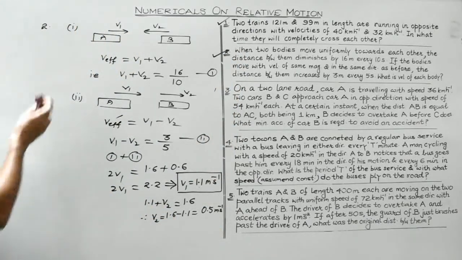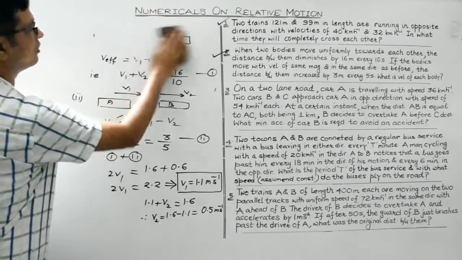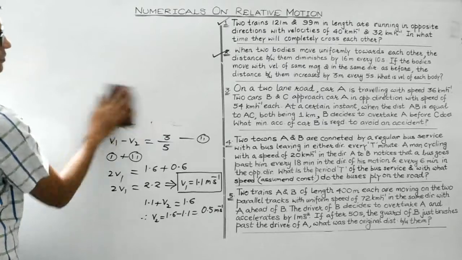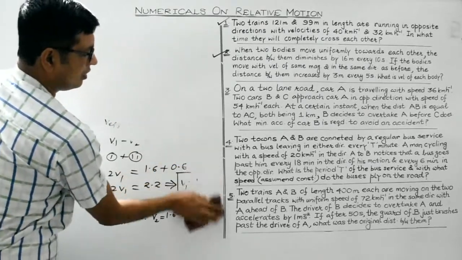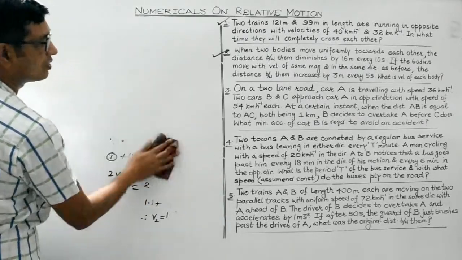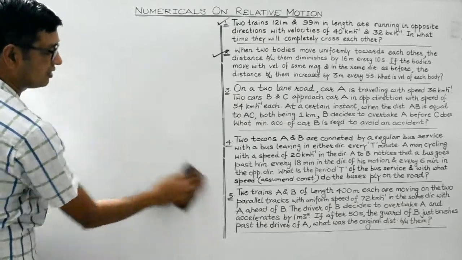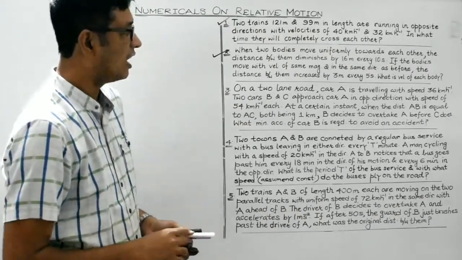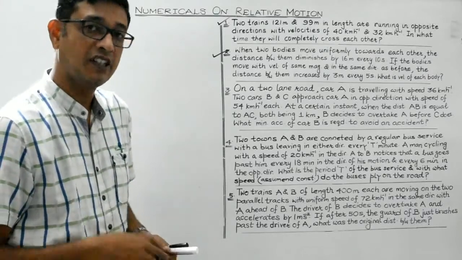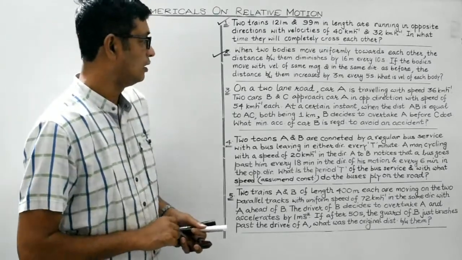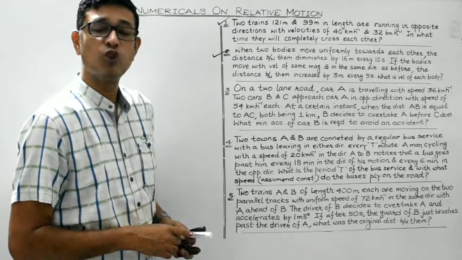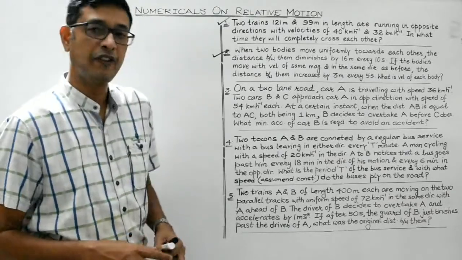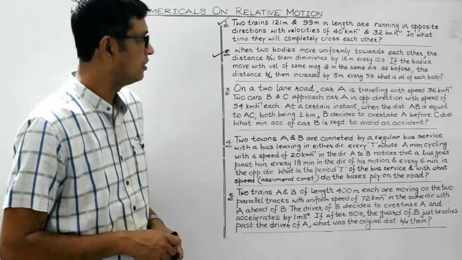Let's consider question number 3. It's a real, genuine question and a very, very important one. Read the question, students. Read the question twice, thrice. On a 2-lane road, car A is travelling at a speed of 36 km per hour. Two cars B and C approach car A in the opposite direction with a speed of 54 km per hour each.